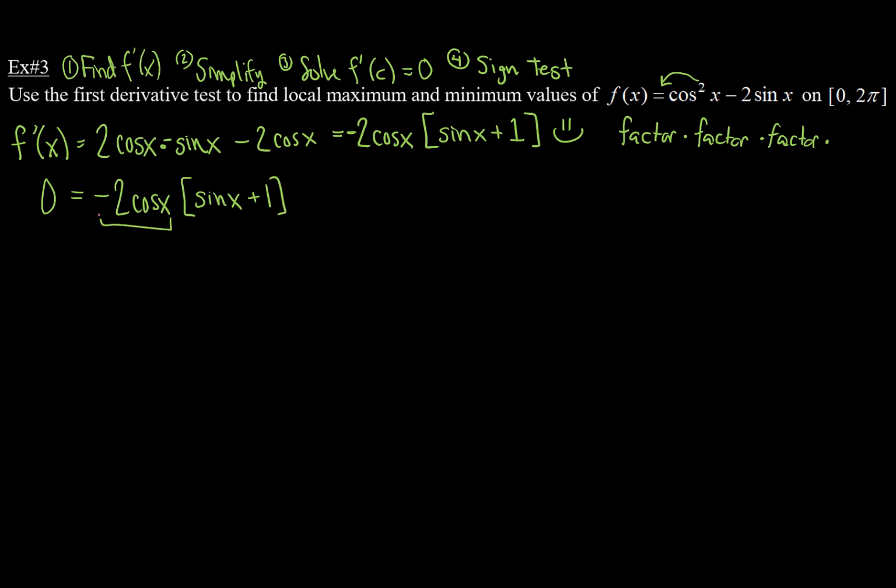I'm going to take each factor and set it equal to 0. So I've got -2 cosine of x equals 0. And we know that cosine of x equals 0 when x is pi over 2 and 3 pi over 2.